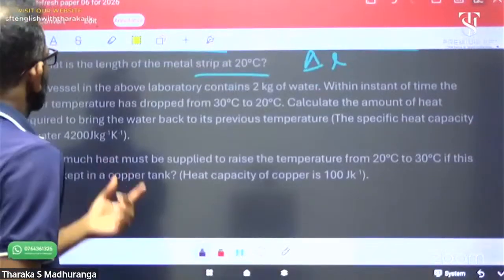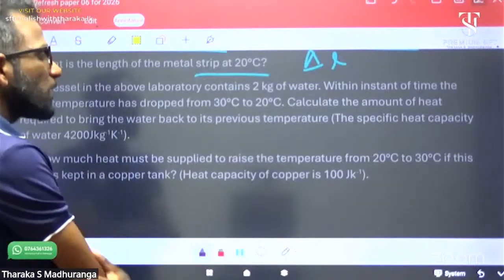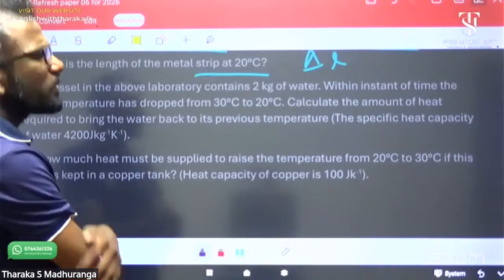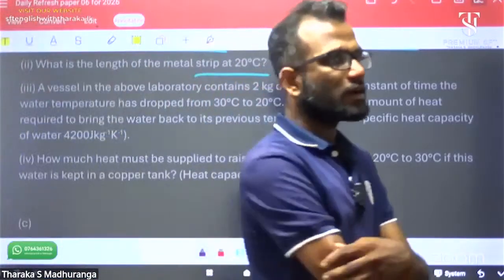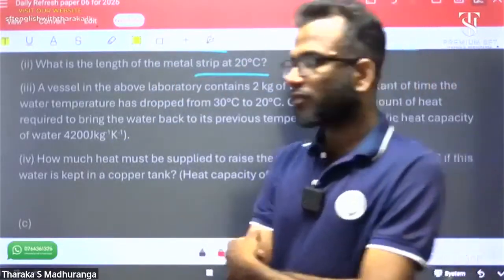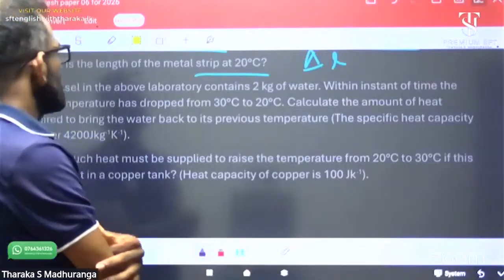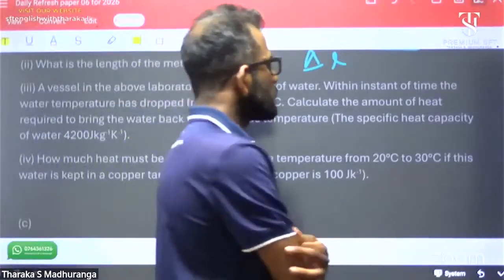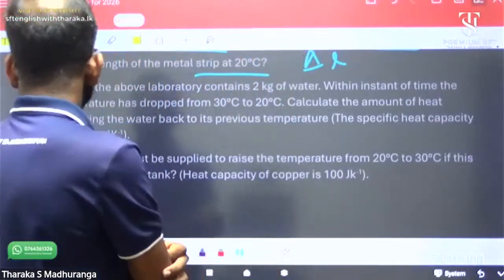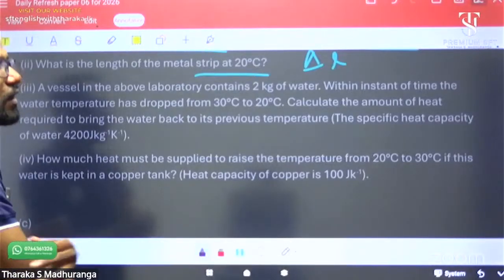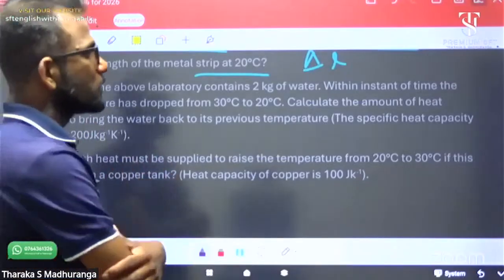Third one. A vessel in a laboratory contains 2 kilogram of water. 2 kilogram means approximately 2 liters. Normally 1 kilogram of water equals 1 liter because the density is 1000 kilograms per cubic meter. We can discuss that in fluid mechanics. Within a time, the water temperature has dropped from 30 Celsius to 20 Celsius.